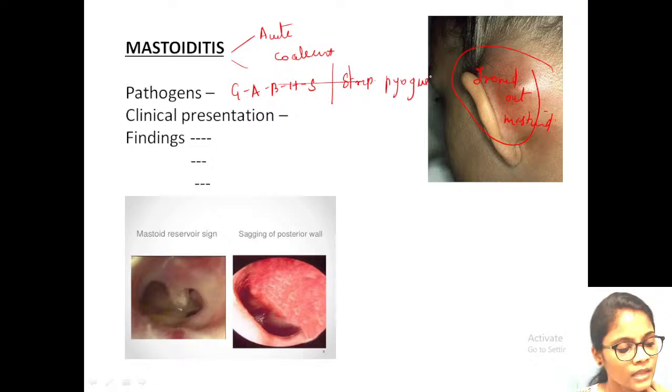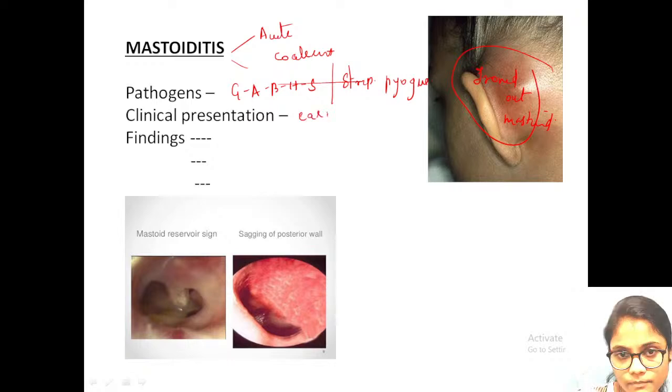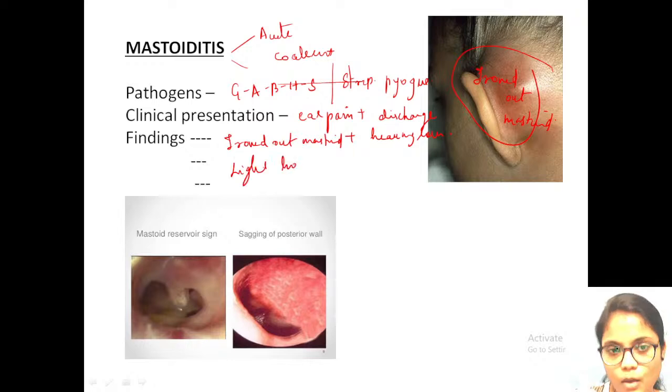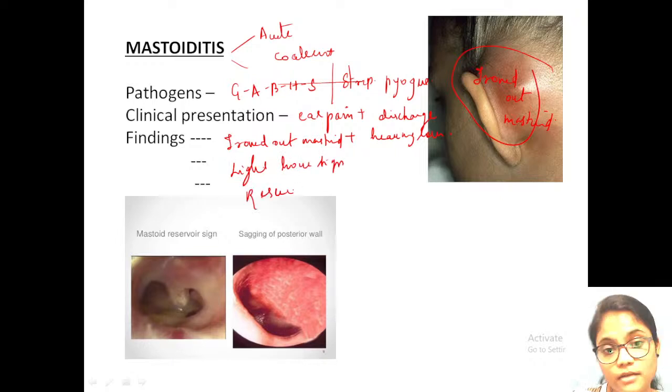involved. In clinical presentation, there will be ear pain, right? Obviously, there will be discharge. Along with that, they have hearing loss. That is how they are important. The findings, if you see, there is ironed out mastoid, the first finding which you have to remember, the next sign is the lighthouse sign, and the next sign is the reservoir sign.